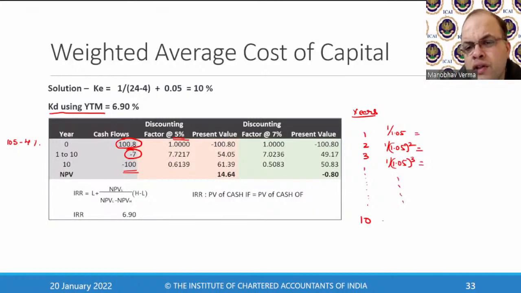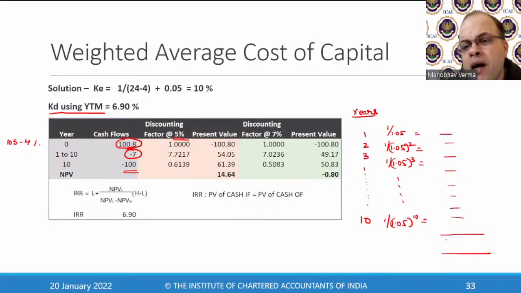And so on. For the 10th year, it will be 1 upon 1.05 to the power 10. Now, these are the rates for each of the years over the 10 years. And if I add them up, this will be 7.7217. So the discounting rates are basically based on the different number of periods we are talking about here.